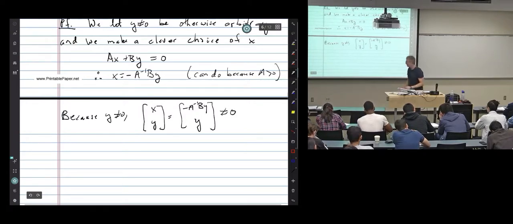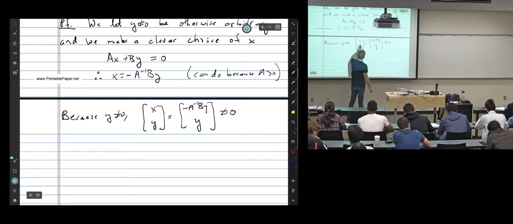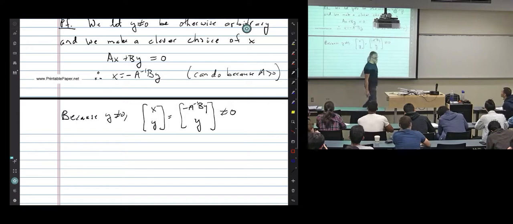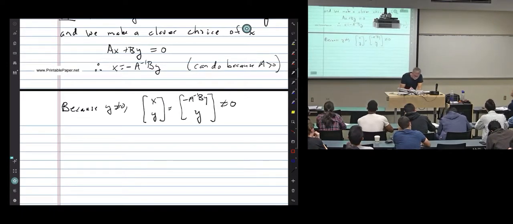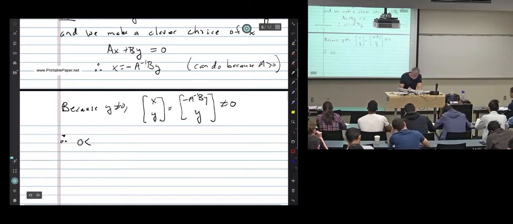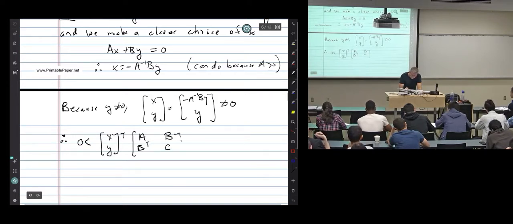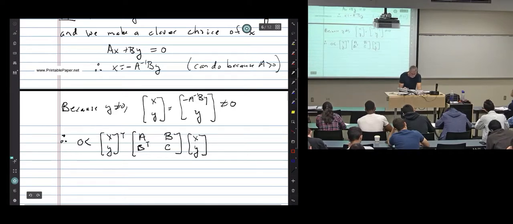This is not equal to the 0 vector, okay? Y is non-zero, so we don't care what x is as a function of y, so that's non-zero. Now, M is positive definite, so we get 0 is less than x, y transpose, and we do A, B, B transpose C times x, y, okay?